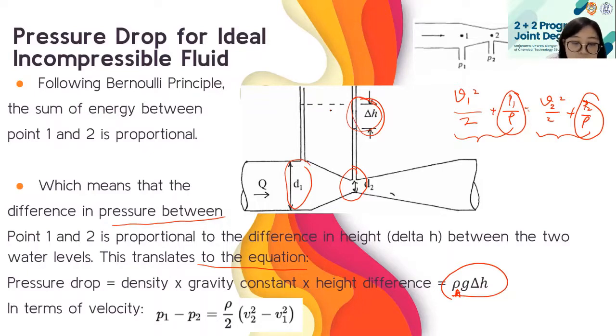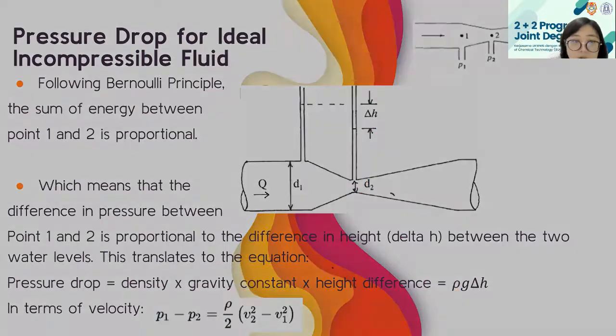While in terms of velocity, after some rearrangement of the Bernoulli equations, we can get this. So the pressure drop equation is similar: it's density times the gravity constant 9.8, times the height difference of the manometer.